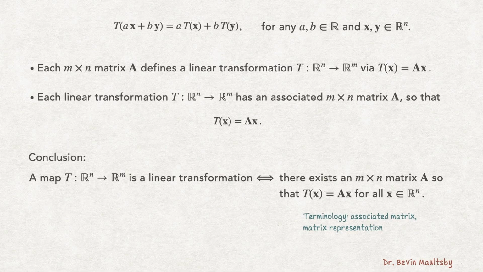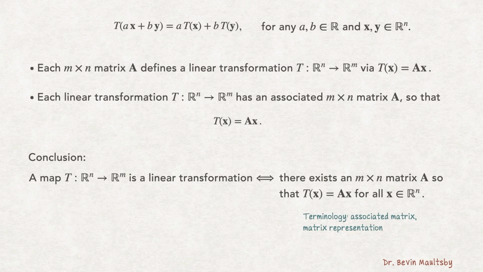I've given you here some terminology that you can use to describe this association. It's important to recognize that while matrices define linear transformations and linear transformations have associated matrices, the words linear transformation and matrix are not exactly synonyms. So a linear transformation is a kind of function, whereas a matrix is just a rectangular array of numbers.